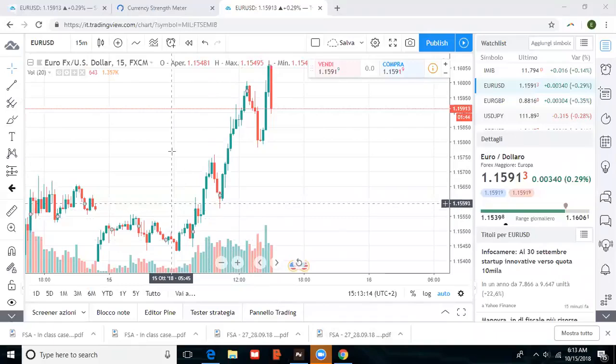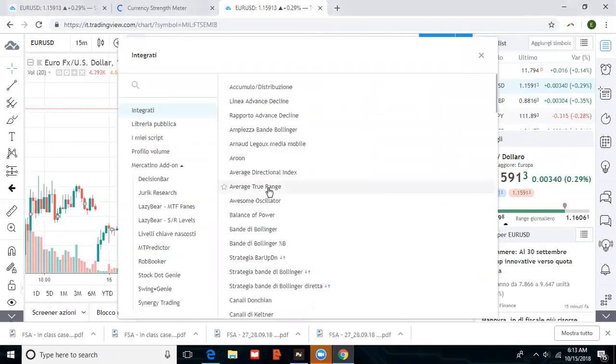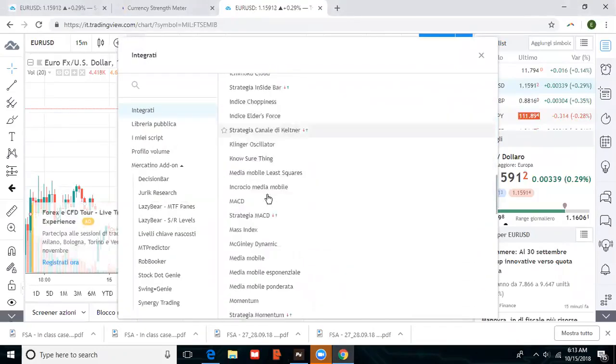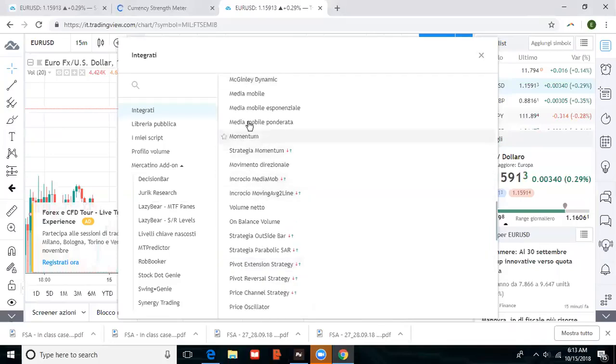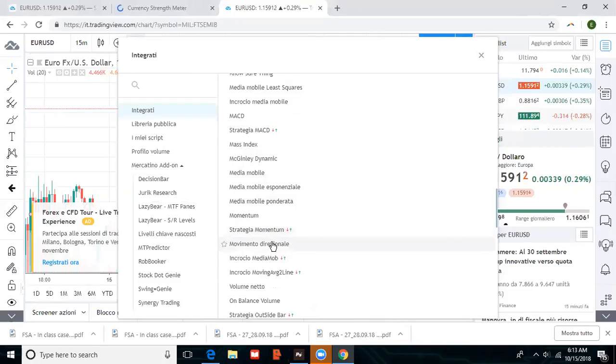Right. So the first thing you have to do is add some indicators. So you go to indicators, you go to moving average. Sorry, my computer is in Italian, but you have to look for moving average. There you go, moving average, and also moving average exponential here.